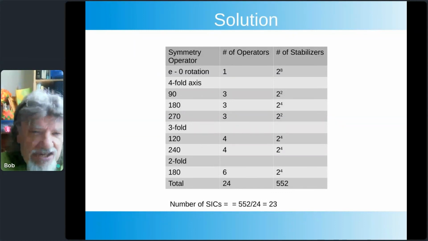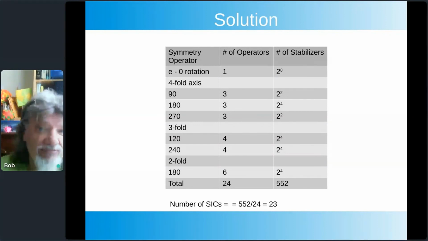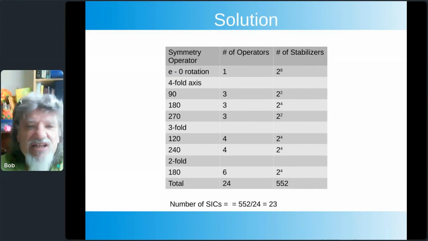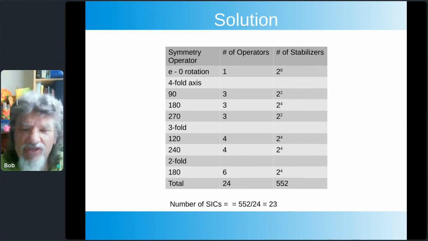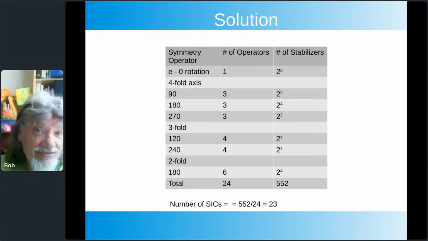So at that point, we only list it once as E. Okay, now going to the fourfold axis, you have a 90-degree rotation, a 180-degree rotation, or a 270. Once you go 90 degrees past that, you're back to 360, you're back to 0. So these are the only three possibilities. For threefold axis, you got, besides 0, you got 120 and 240. That's it. And for twofold, everything's a 180.